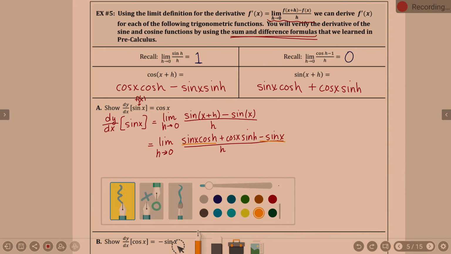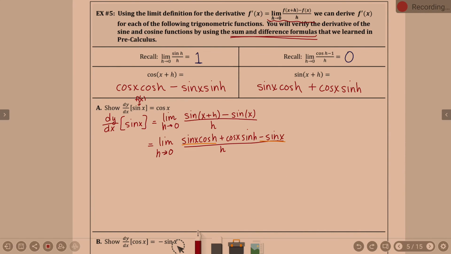So the limit as h approaches 0. I am factoring sine x out of the two that I can. So when I factor that sine x out, I'm going to be left with cosine h minus 1 in your parentheses, and I still have cosine x sine h all over h.